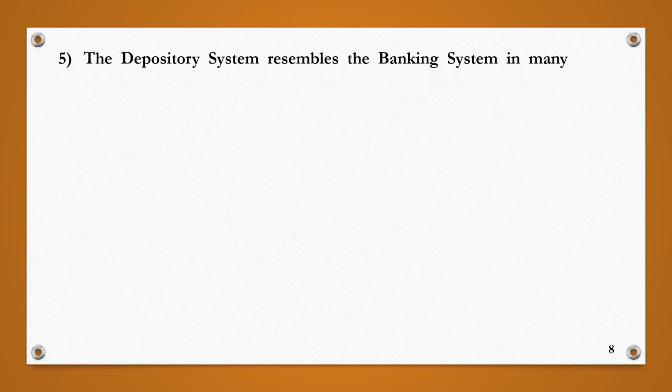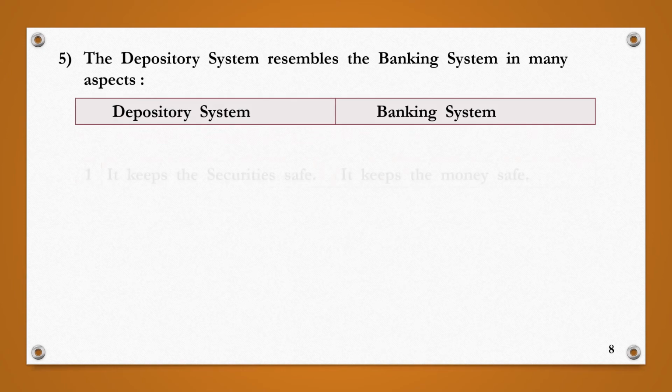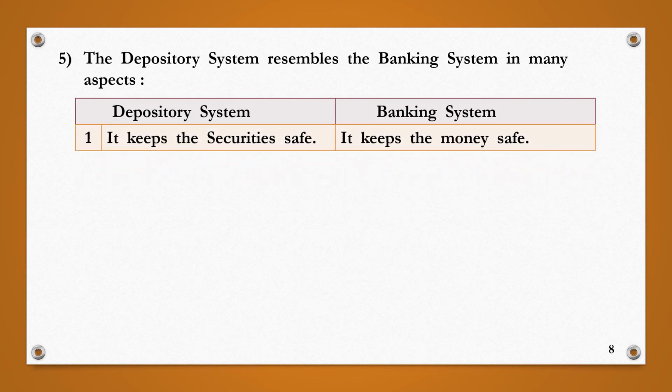Next, the depository system of holding securities is very similar to the banking system in many aspects. Let us understand how. Firstly, everybody knows that the banking system keeps the money safe. Your money is safe with the banking system. In a similar way, the depository system is that system where the securities are held safely, that is, shares, debentures, bonds, mutual funds, etc. These securities are completely safe under the depository system.